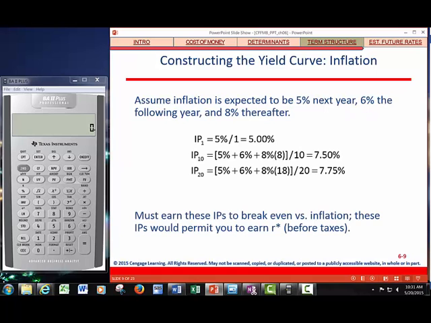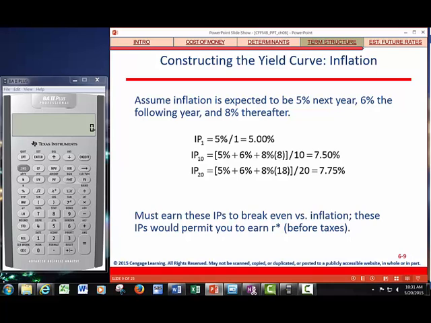Assuming inflation is expected to be 5% next year, 6% the following year, and 8% thereafter, we can calculate an average rate of inflation for 1 year, 10 years, and 20 years.